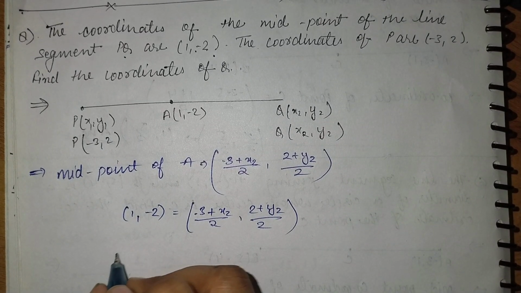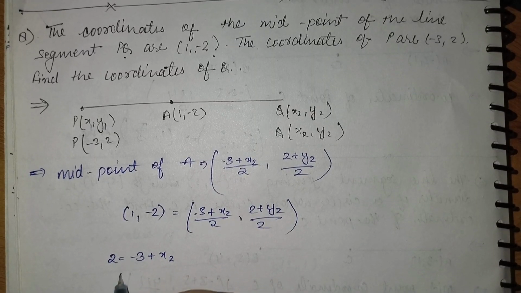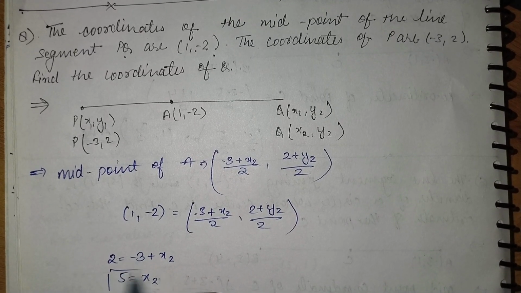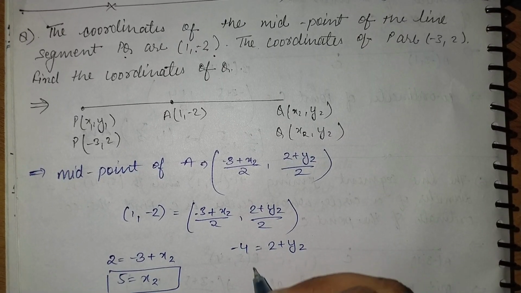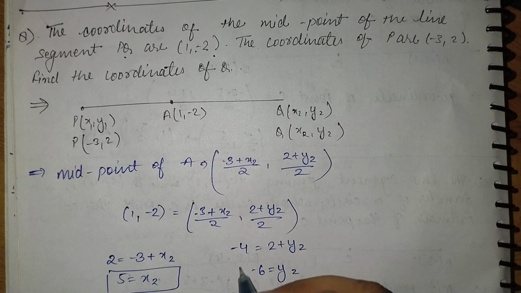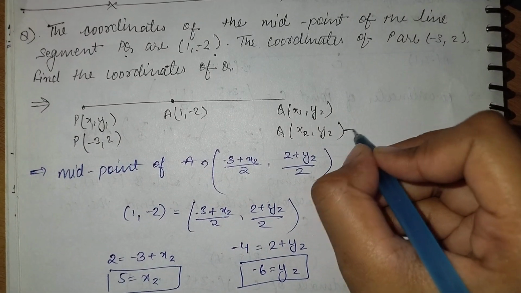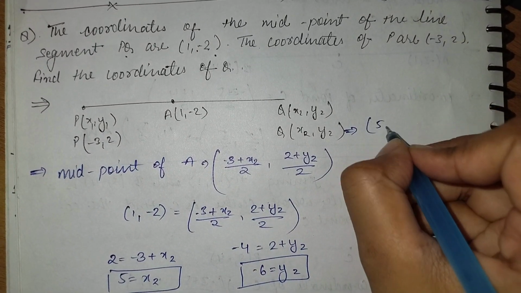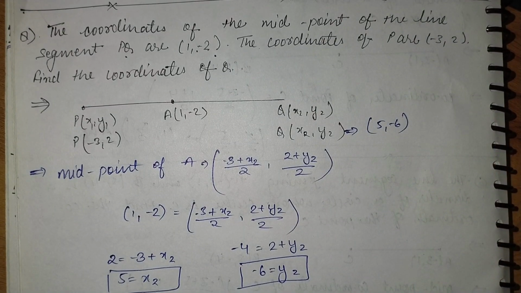So solving it, we will get 2 = -3 + x2, so 5 = x2, and -4 = 2 + y2, so -6 = y2. So this is the answer, means the value of (x2, y2). Putting the values here, we will get (5, -6) as the coordinates of point Q, and this is the solution of question number 8.